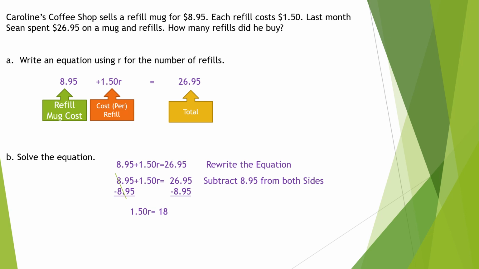Then because the $1.50 is multiplied by R, we're going to undo it by dividing both sides by $1.50. On the left side, $1.50 divided by $1.50 leaves us with just R. And 18 divided by $1.50 does give us 12. So he bought 12 refills from the coffee shop.